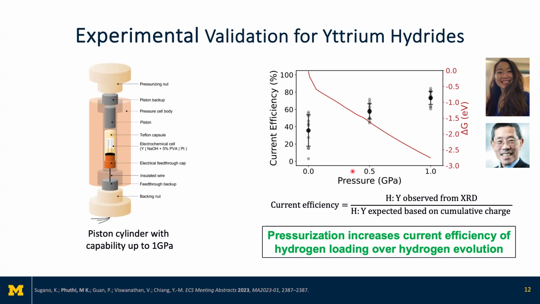Yeah, so the current efficiency in this case is an issue of kinetics. YH3 is stable under the conditions that we explore here, right? So it should form YH3, but how long it takes to get there is determined by the kinetics.